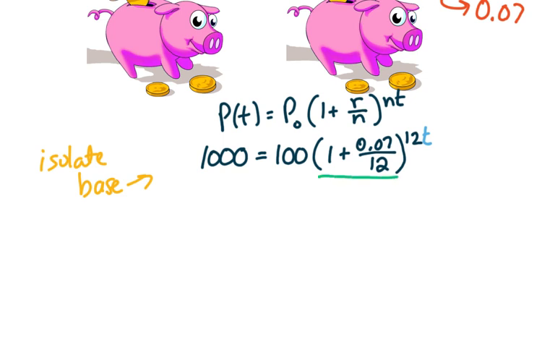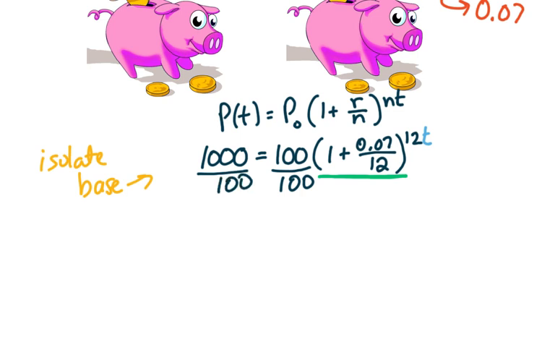It's the parentheses. This parentheses term, the 1 plus 0.07 divided by 12, is what's being raised to the 12t. So the green underline is your base. We need to get that by itself. And the only thing that's interrupting that is the starting amount. The starting amount is multiplying it, so we have to divide. So the first step on these problems, we're going to divide by the starting amount.